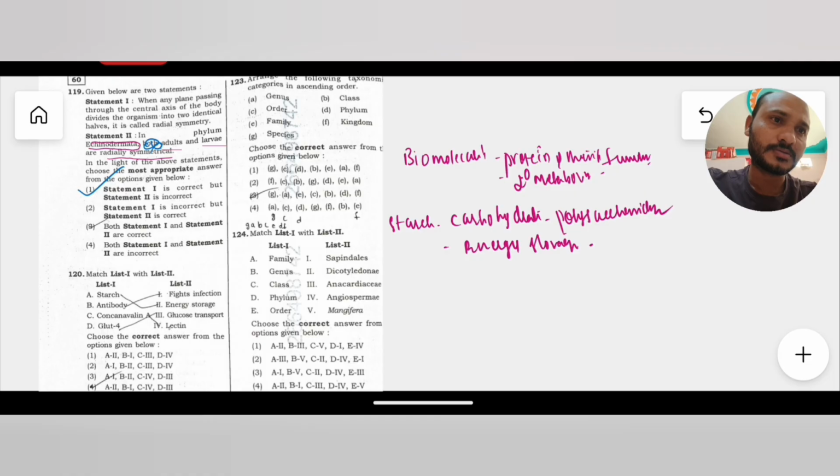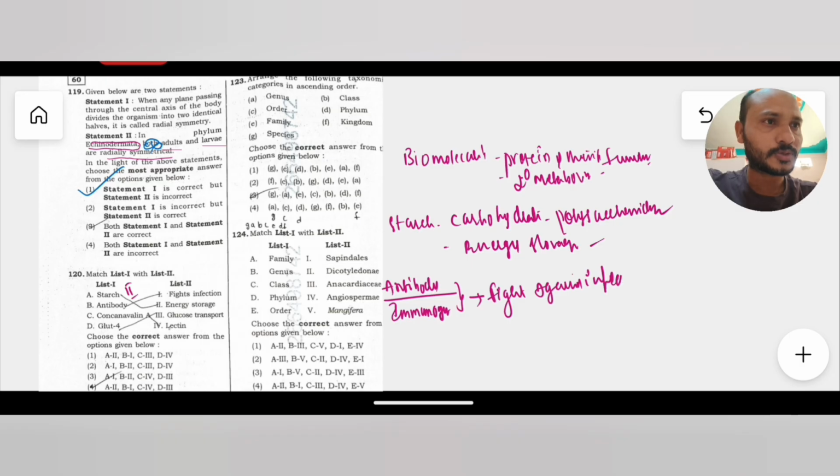Now coming to antibodies, also called immunoglobulins. The main role of antibodies is to fight against infections and protect our body from pathogens, playing an important role in the immune system. So antibody fights infection, which means A2 matches B1.